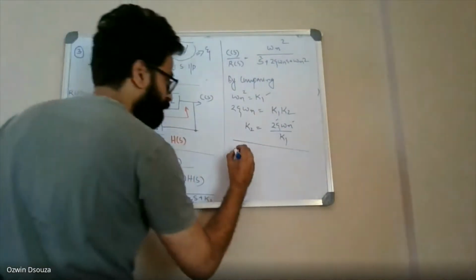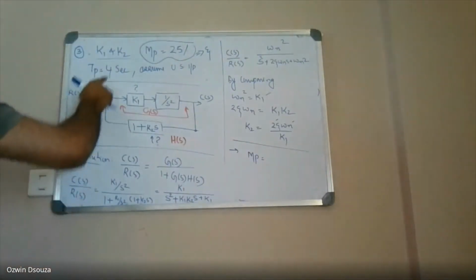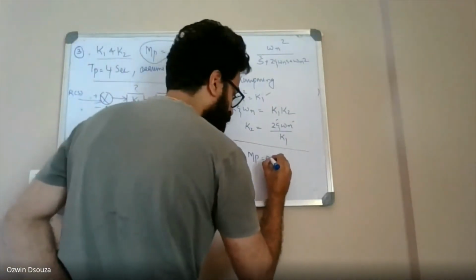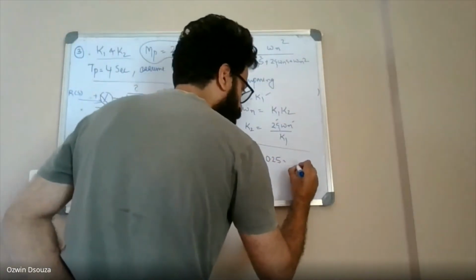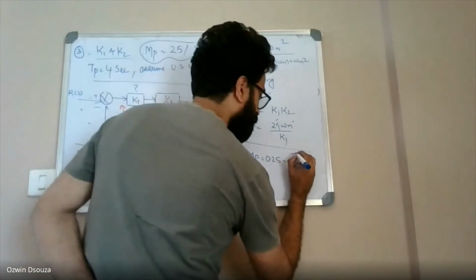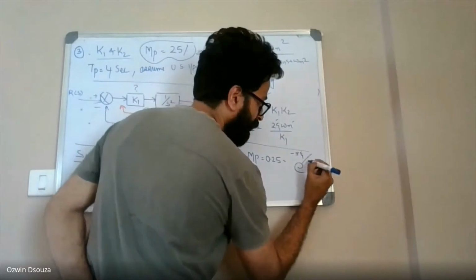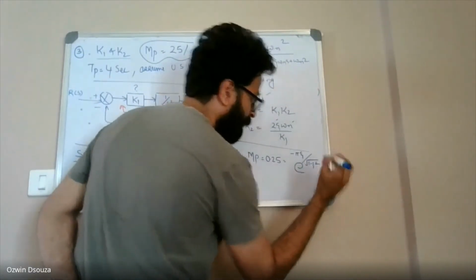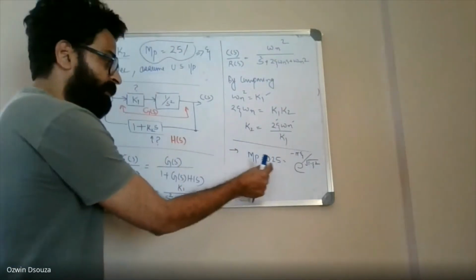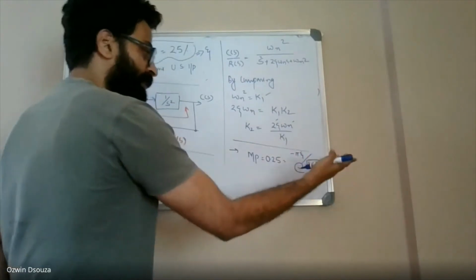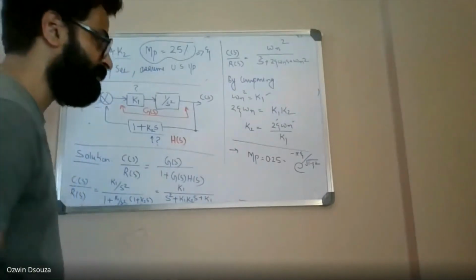Let's see. First let us take up MP. MP is given as 25%, that is 0.25, which is equal to e to the power minus pi zeta divided by under root 1 minus zeta square. So on LHS you have the MP value, which is 0.25, and on RHS you have the relation for MP. So you can take the natural logarithm on both sides.